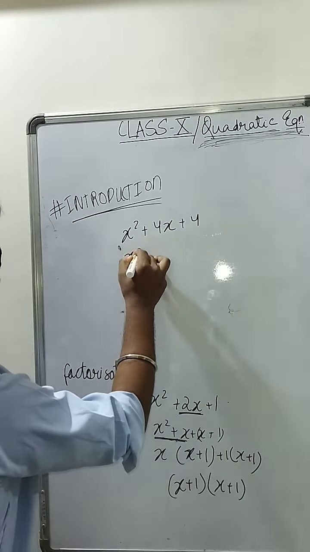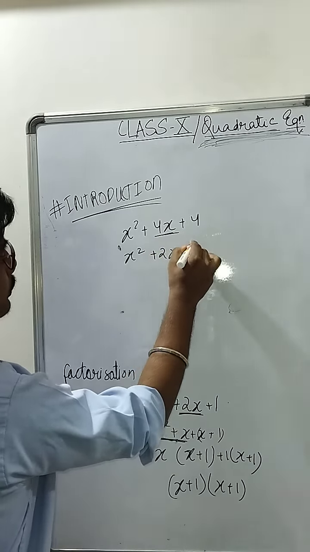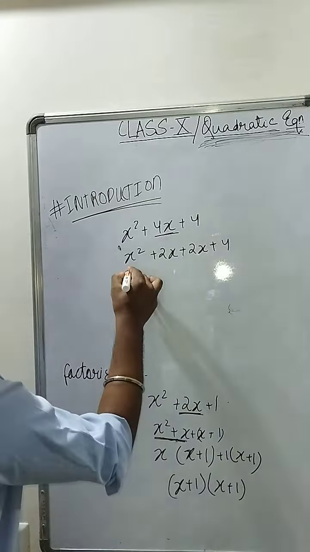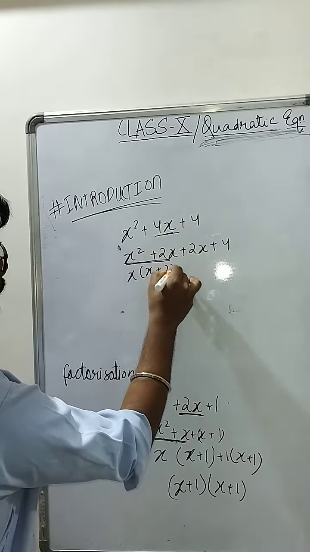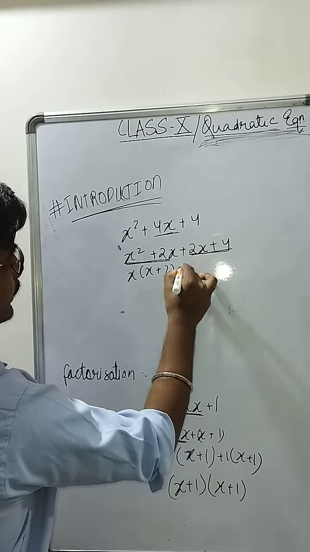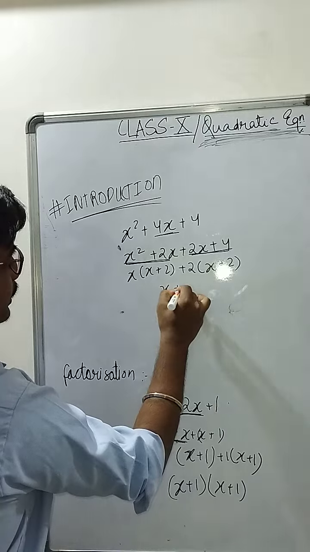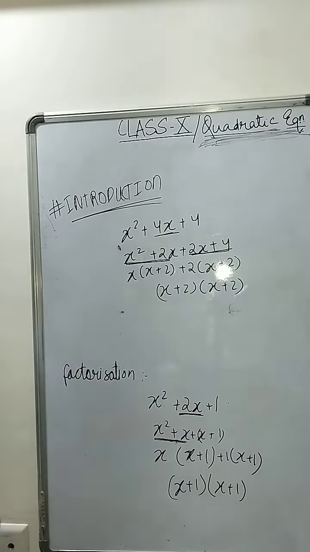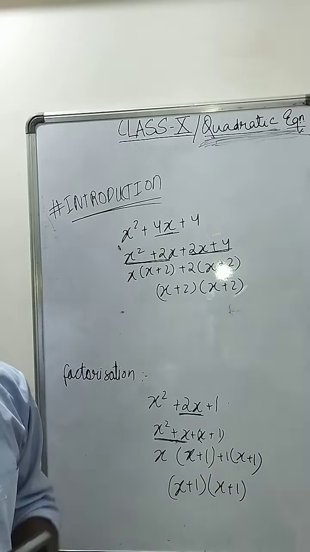So x square, let's split this term, plus 2x plus 2x plus 4. So next, x is common out from here, so x plus 2, and 2 is common out from here, x plus 2. So x plus 2 and x plus 2 are the factors. So this is known as the factorization method.